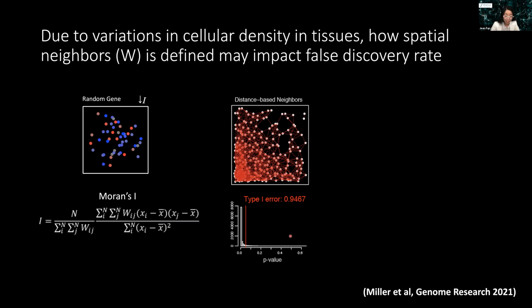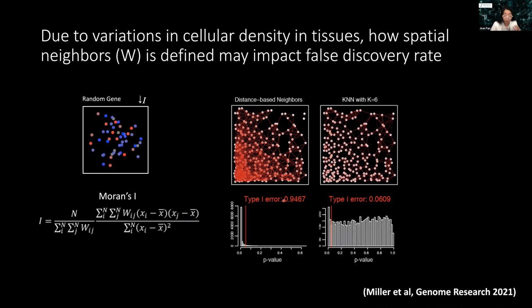So we can look at the distribution of the p-values under this random gene expression model and try to get at a false discovery or type 1 error rate, which for distance-based neighbors can be quite high.